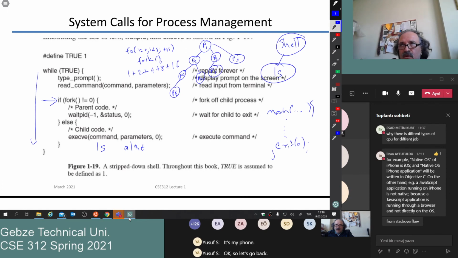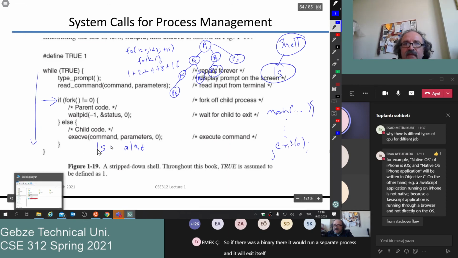Why are there no exit programs in my Linux binary directory? If there was a binary there, it would run as a separate process, and it would exit itself and not the calling process.